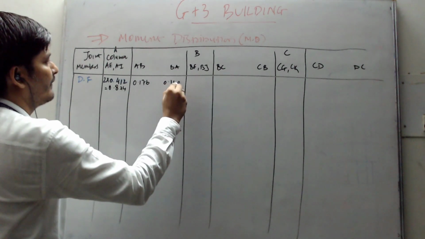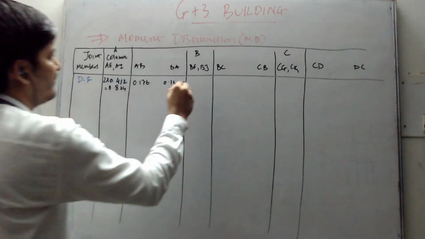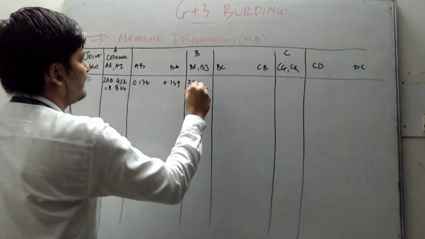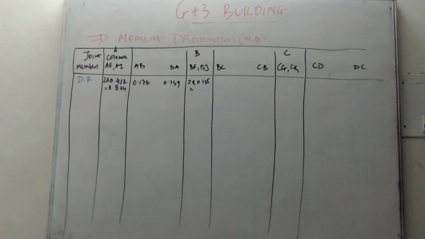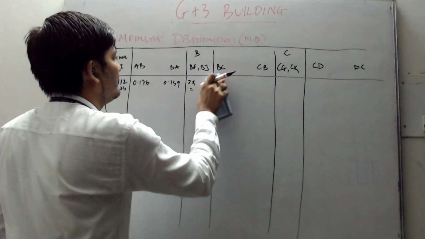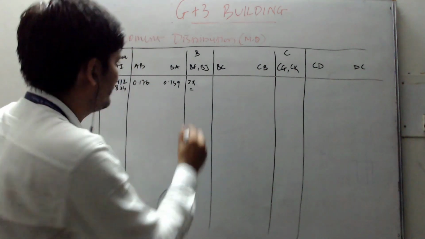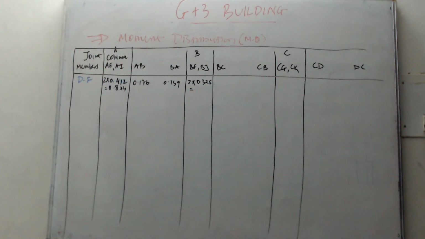Again for point B, same way, 0.325 multiplied by 2, because two members, so it will become 0.65.